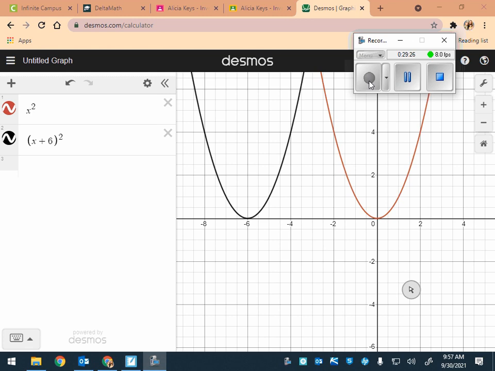Which one haven't we done yet? What type of transformation or movement haven't we done? Yep, Grant. When the vertex moves. Not rotation. Careful. How else would the vertex change if we're not moving left or right?